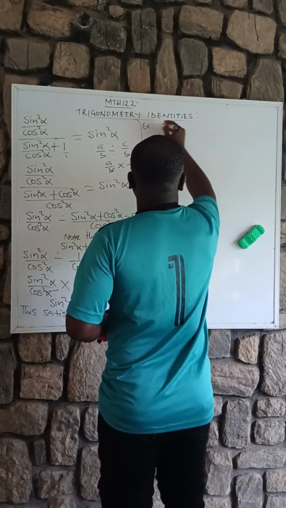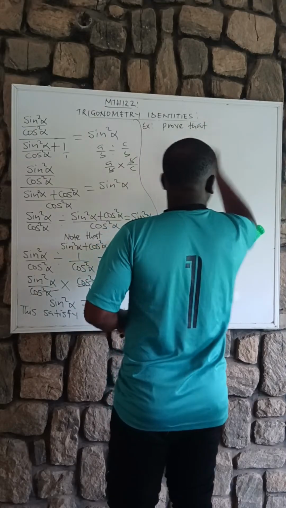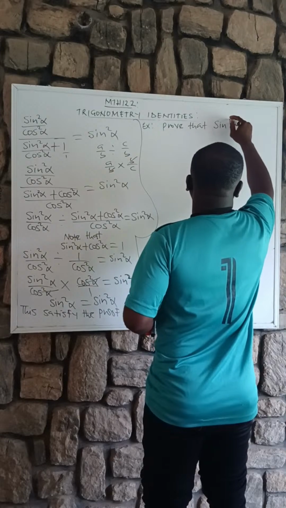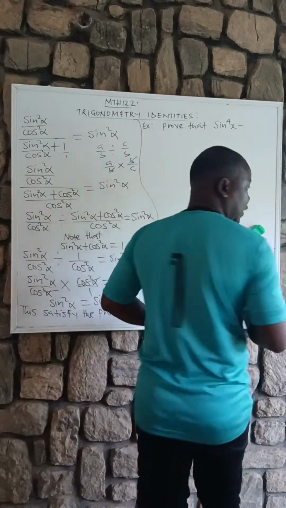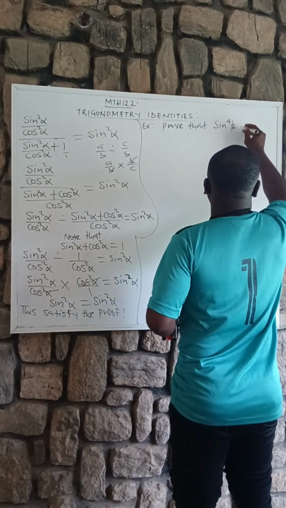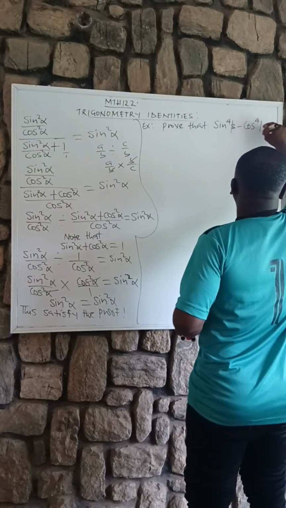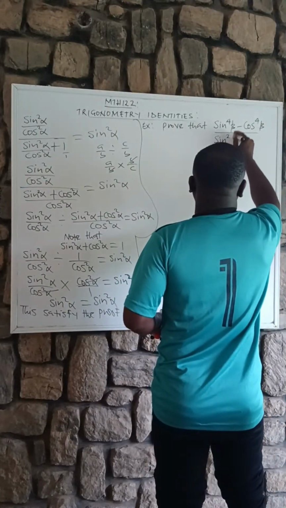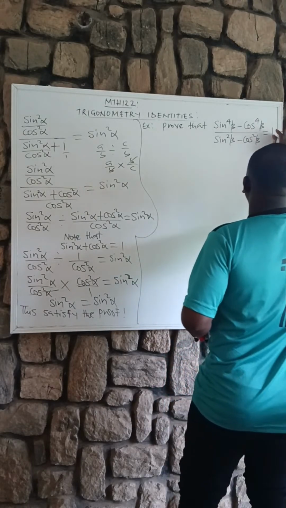Another example, proof that sine raised to the power 4 beta minus cos raised to the power 4 beta all over sine square beta minus cos square beta is equal to 1.